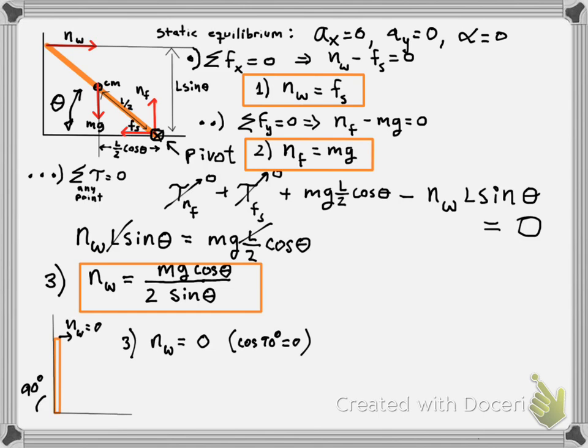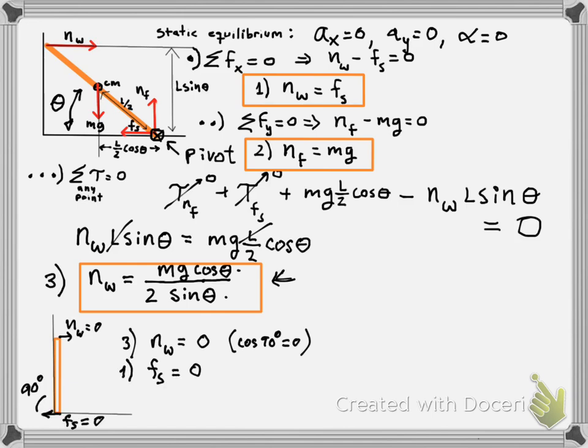So our equation clearly gives us a normal with the wall equal to 0. The plank is not pressing against the wall, so the wall does not apply any force to the plank. Notice that our equation gives us NW equals 0 because the cosine of theta when theta is 90 degrees gives us 0. The sine of 90 is 1, so the numerator is 0. The denominator is 2, so the normal with the wall is equal to 0, which is, again, what you would expect.